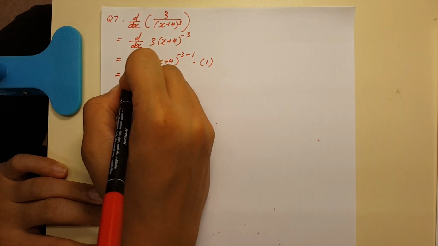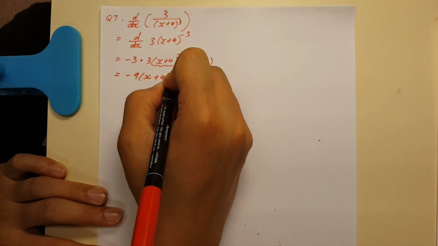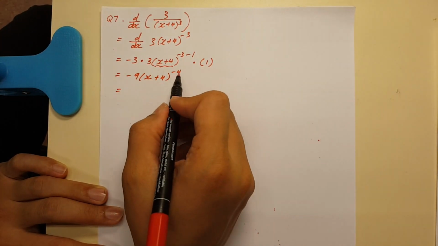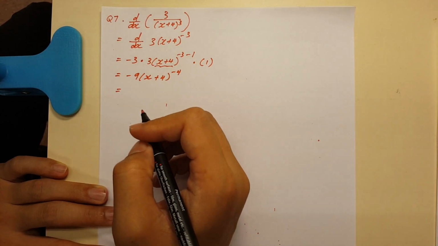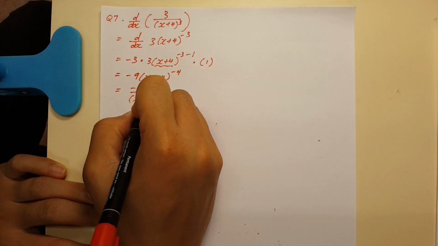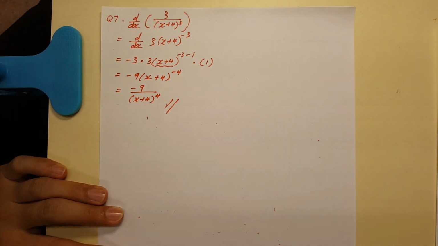Everything is going to add up to be minus 9(x plus 4) to the power of minus 4. Let me change it to the positive index notation, so it's minus 9 over (x plus 4) to the power of 4. That's your answer. Pretty straightforward.